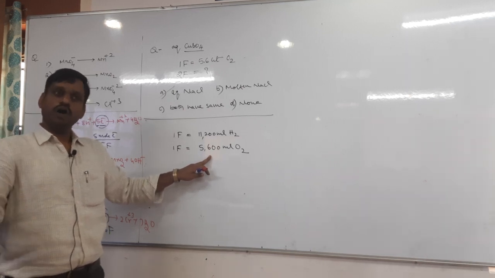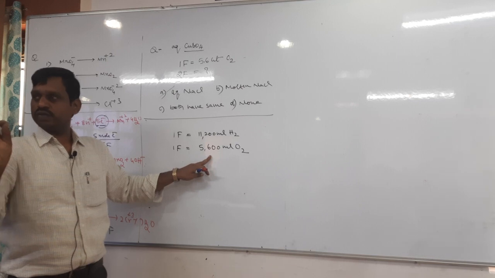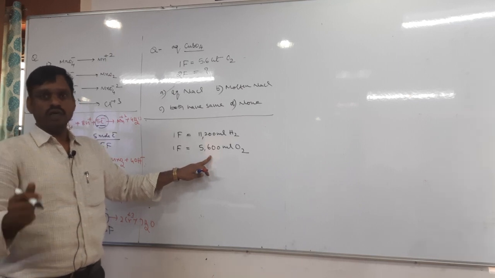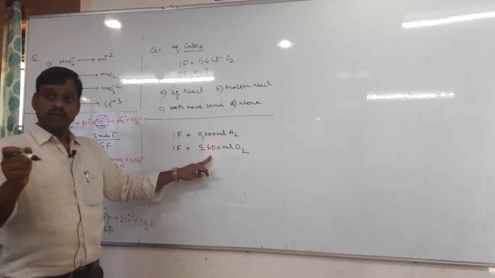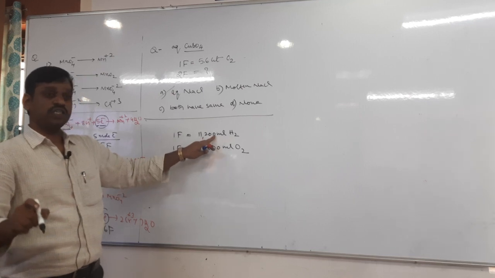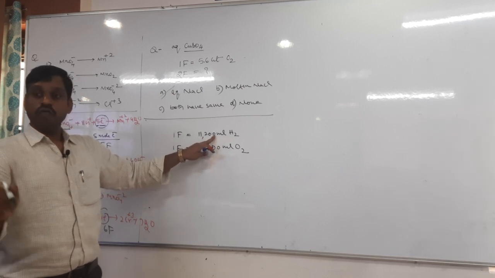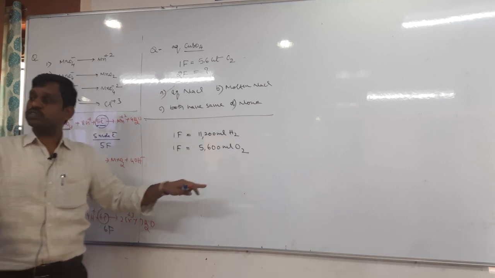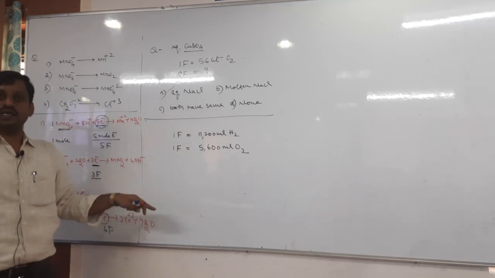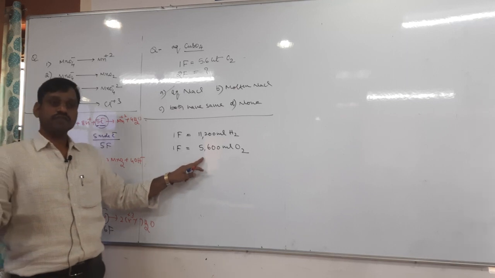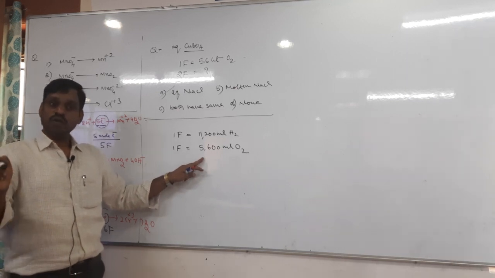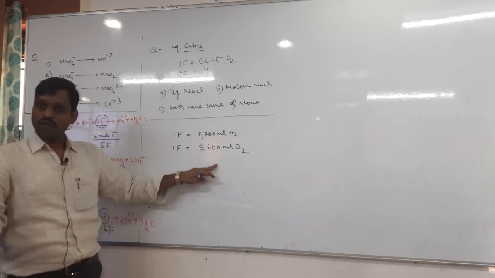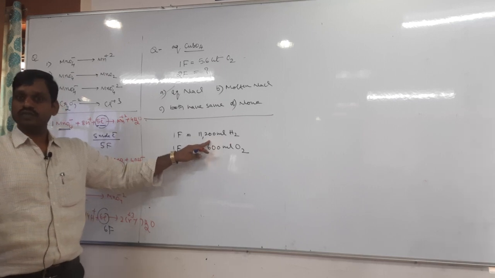They don't mention the current, they only give the volume of hydrogen. When 10 liters of hydrogen is liberated at cathode, what is the volume of oxygen liberated at anode? When the same current is passed, it is half, because the volume of oxygen is always half the volume of hydrogen.